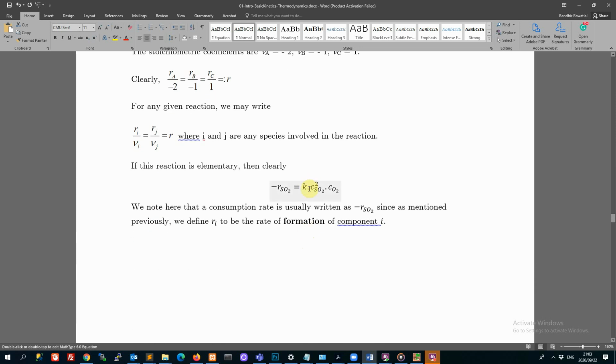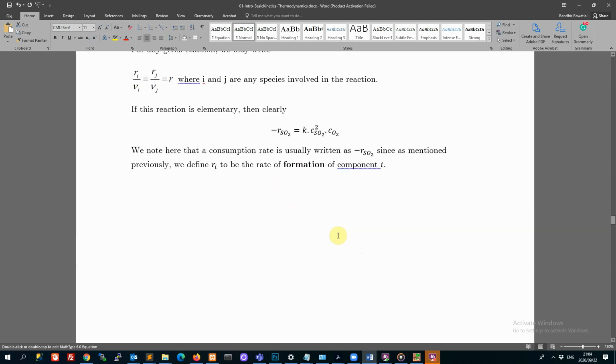And then of course concentration depends on the operation of that reactor. For now we can just say if we go ahead and measure the concentration in the reactor, we'll have concentrations here, and then we can work out a number. So all that together we can get a number for this reaction rate here. Okay.